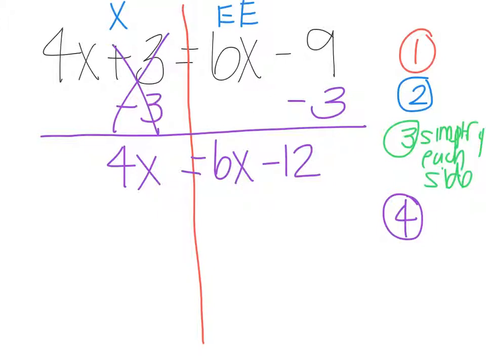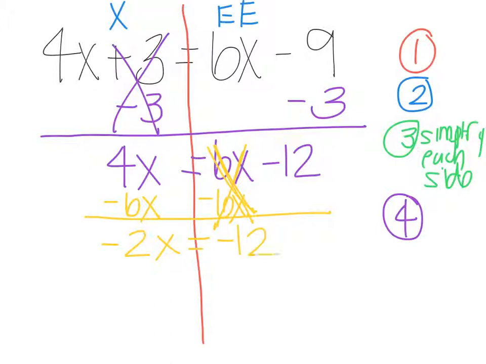Everything on this left side should have an X, and that means everything over here should not have an X. So our 6x needs to move too. To get rid of 6x, I'm going to minus 6x from both sides. And if I do something to one side, I have to do it to the other. So 4x minus 6x is negative 2x. 6x minus 6x cancels out. And then I'm going to bring down my negative 12.